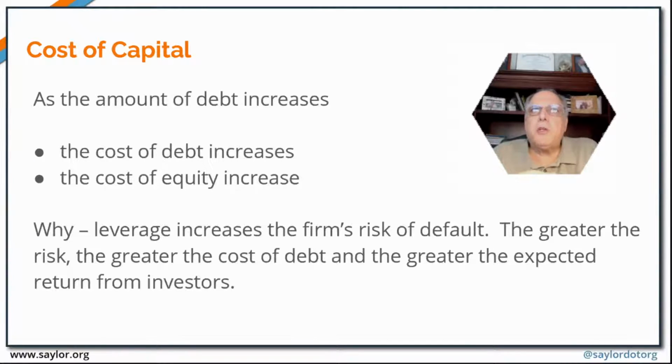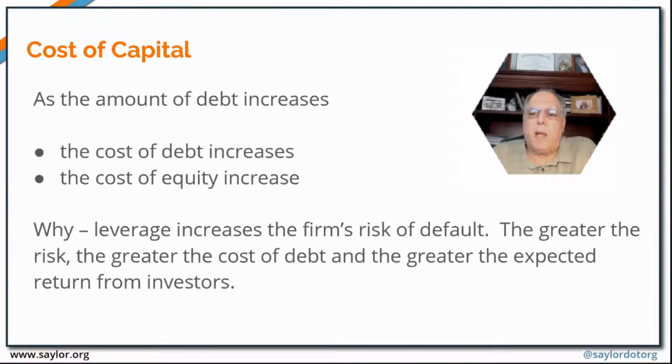Now, a couple things to note about that cost. One, the amount of debt increases the cost of debt. Now, this makes a good deal of sense when you think about it. The more money you borrow, the greater the risk of default. Now, who is bearing that risk? The lender.